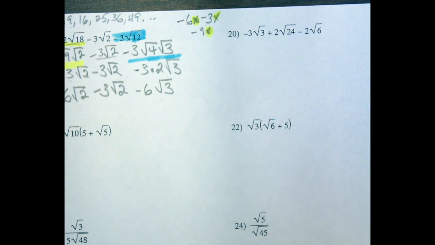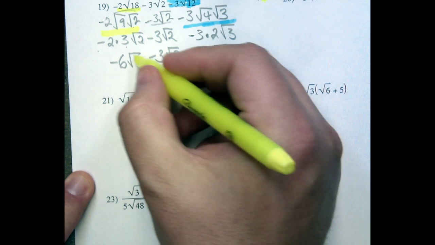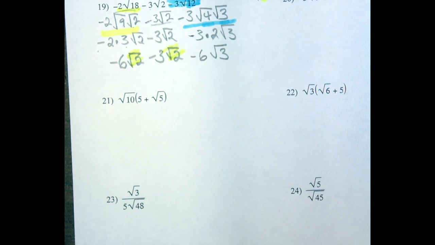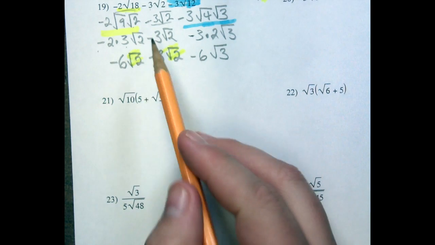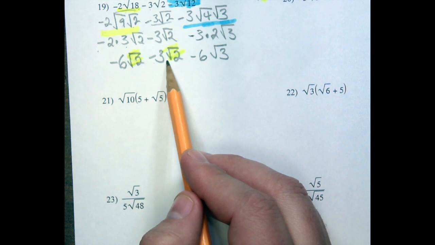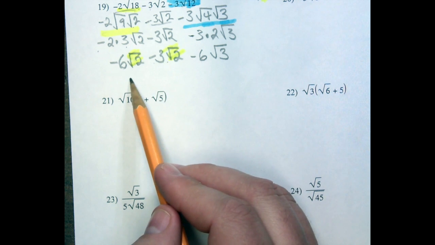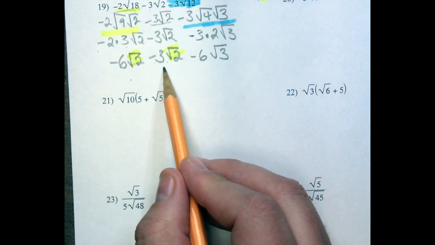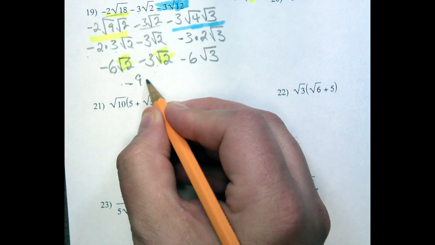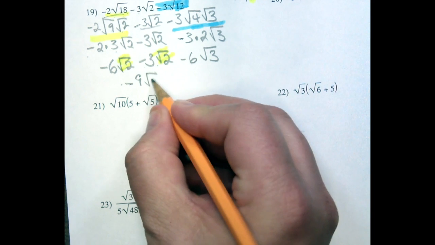Well, here's an interesting thing. Over here, I have the square root of 2 and the square root of 2. So we could think of those as like terms. So if I have a negative 6 times the square root of 2 and a negative 3 times the square root of 2, I could think of it like negative 6x minus 3x, which would simplify to be negative 9, but instead of x, we're going to put the square root of 2.